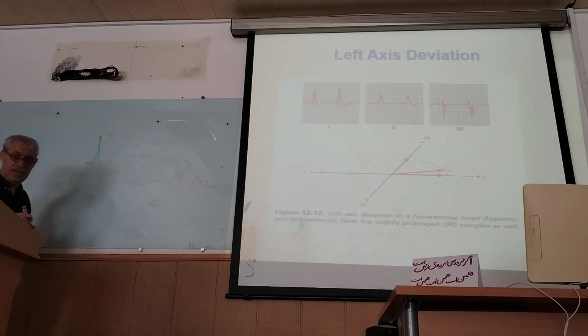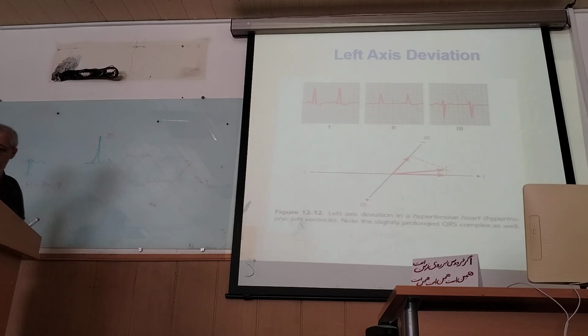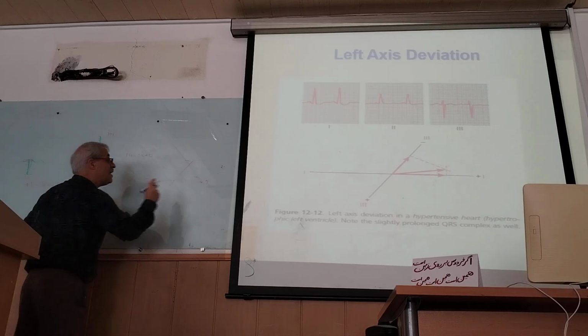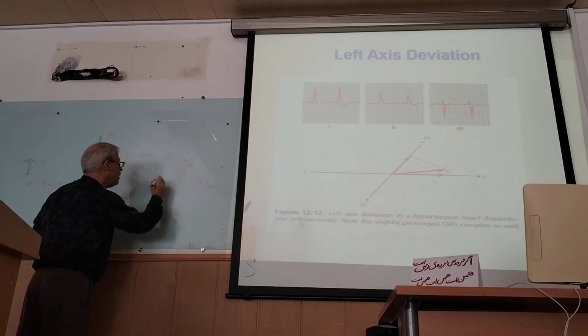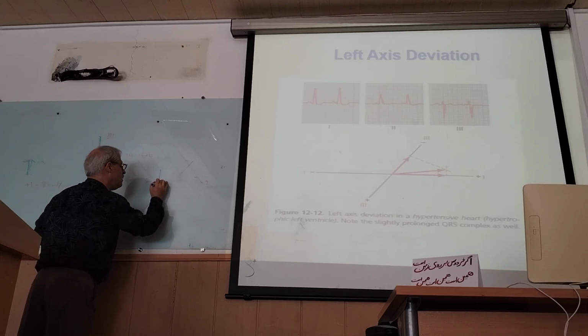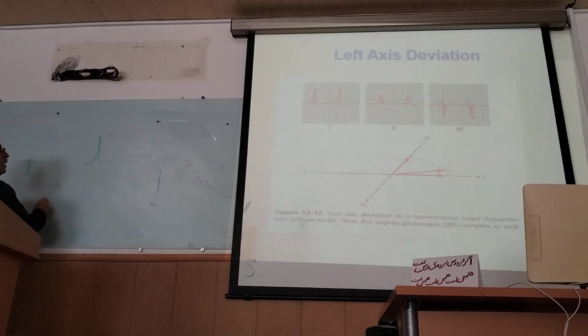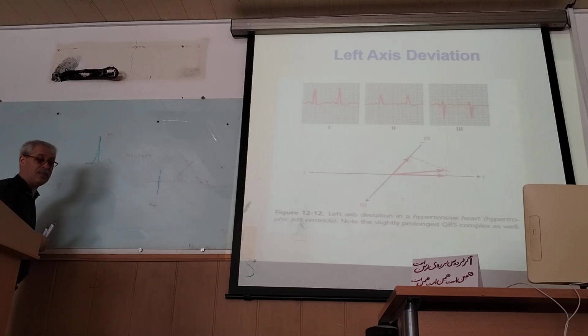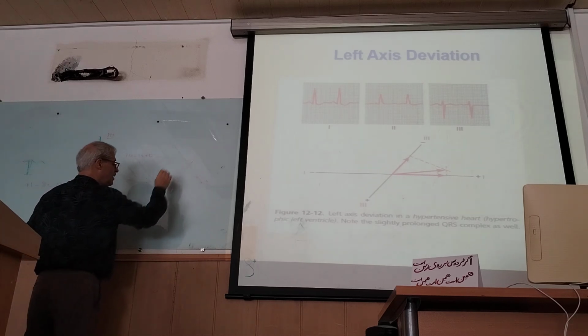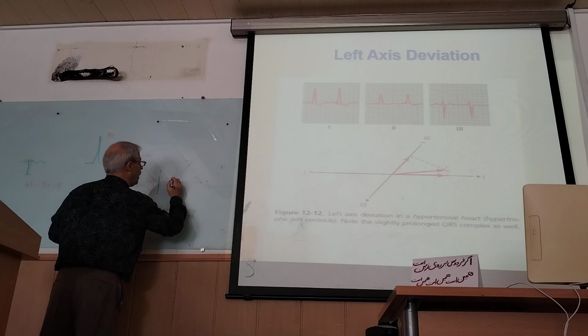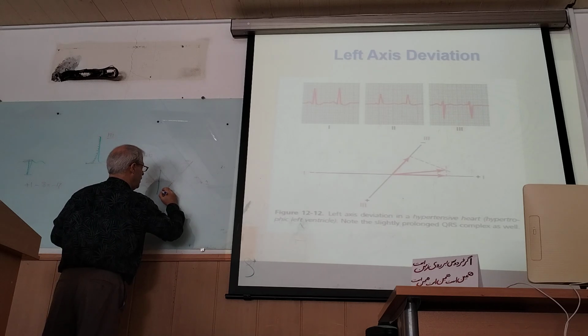This is a point. Make a perpendicular line to that respective lead axis. Now, in lead 3, positive 13. This is the negative and this is the positive end: 1, 2, 3 up to 13.